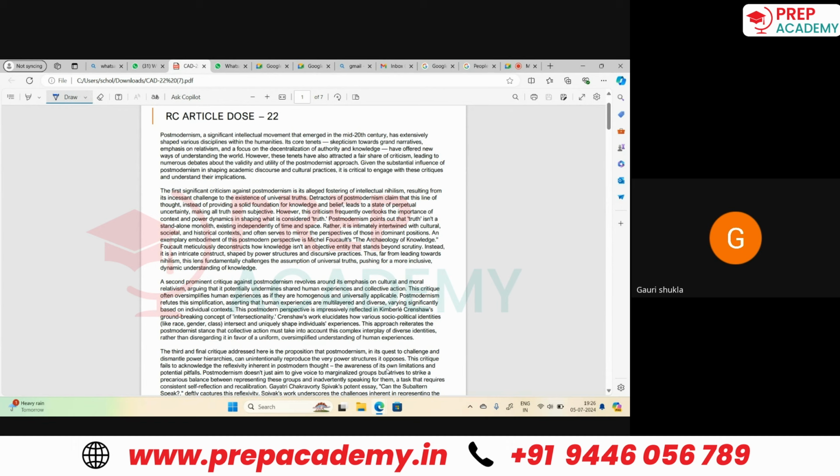However, this criticism frequently overlooks the importance of context and power dynamics in shaping what is considered truth. Postmodernism points out that truth isn't a standalone monolith existing independently of time and space. Rather, it is intimately intertwined with cultural, societal, and historical contexts, and often serves to mirror the perspectives of those in dominant positions. An exemplary embodiment of this postmodern perspective is Michel Foucault's The Archaeology of Knowledge.